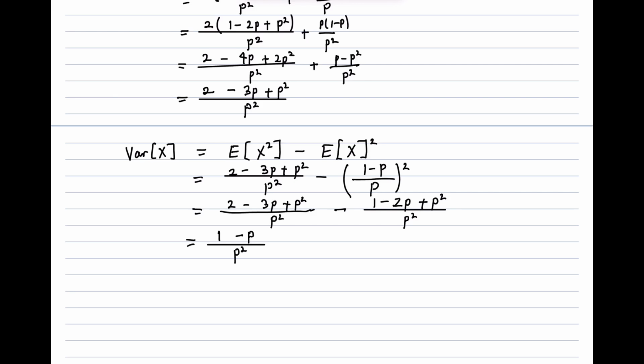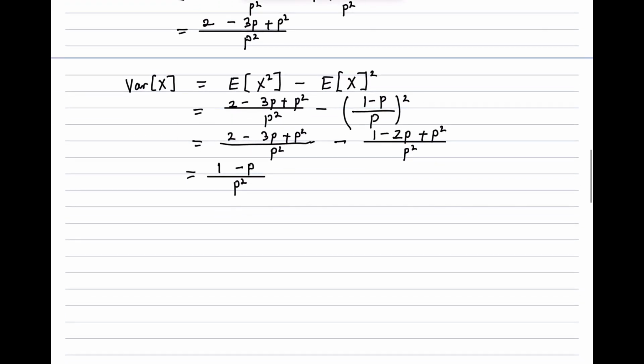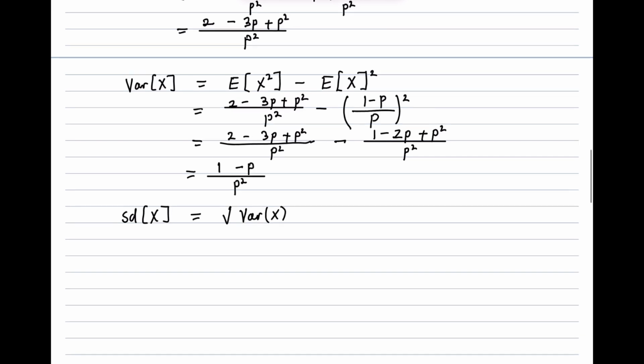We have an expression for the variance. And also for completion, let's just of course find the standard deviation of x, which by definition is the square root of the variance of x. And this, of course, becomes the square root of 1 minus p on p squared.